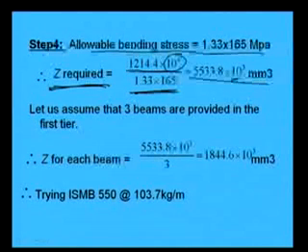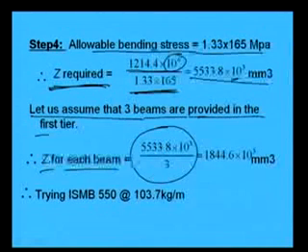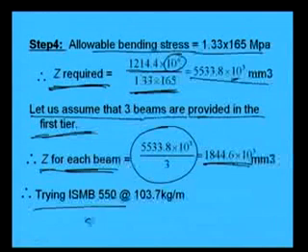So, if we assume 3 beams, then the Z for each beam will become Z by 3, right. If we assume that 3 beams are provided in the first tier, that means in the upper tier, the Z for each beam will be required this much. And from the IS handbook, that SP6, we can find out an appropriate section of the ISMB.